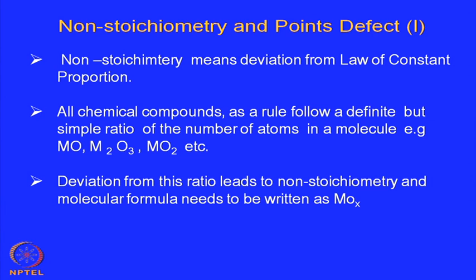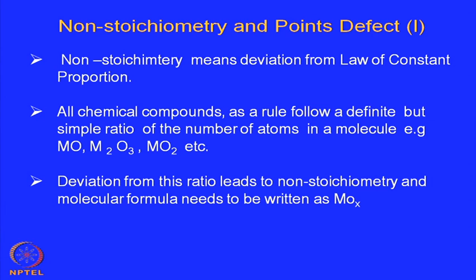The reason for this is basically the point defects. If a point defect is present in one particular sublattice, either oxygen or the metal, obviously it will disturb the ratio, unless there are pair formations, that means Schottky pairs or Frenkel pairs or anti-Frenkel pairs.